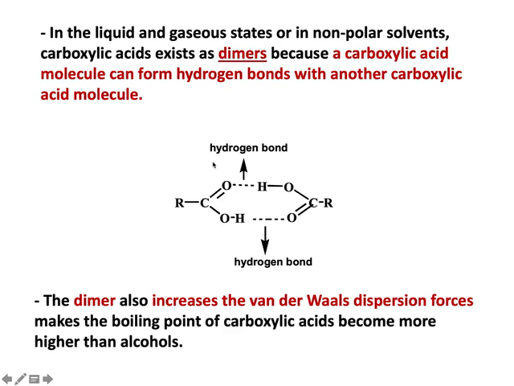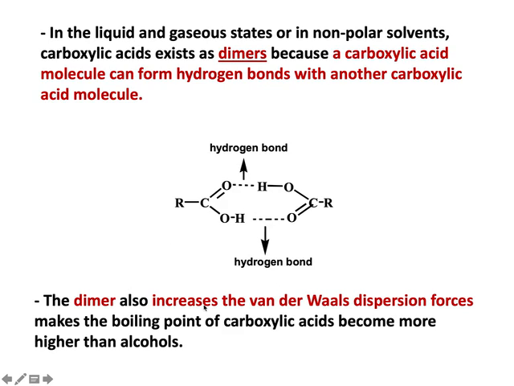In the liquid and gas state and in non-polar solvent, carboxylic acid exists as dimers. The reason is that a carboxylic acid molecule can form a hydrogen bond with another carboxylic acid molecule, so the structure becomes a dimer.